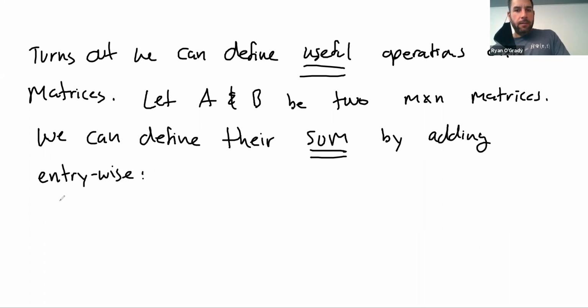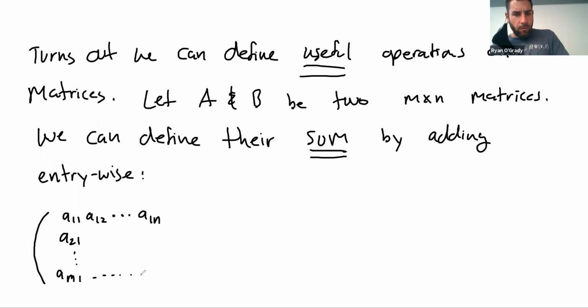So if I take A sub 1, 1, A sub 1, 2, all the way up to A sub 1, N, and then A sub 2, 1. I'm not going to fill it all in because it gets very cumbersome. And we're going to do an example in a second that shows this is actually very straightforward.